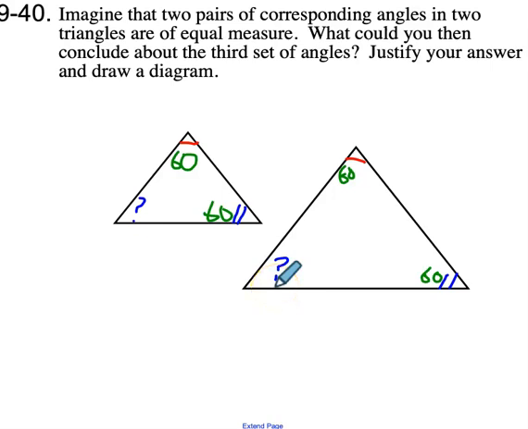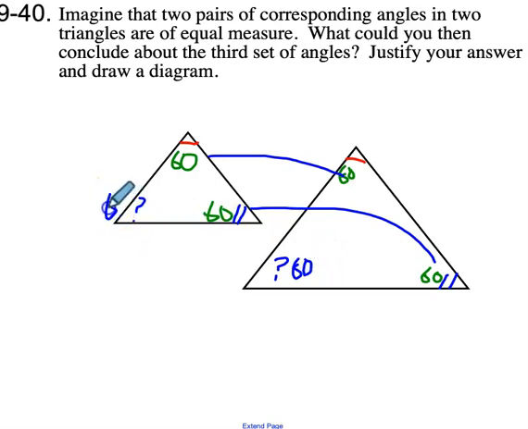And if you're thinking, I don't know, well, think about it. The total measure of all these angles is what? 180 degrees. And the total measure of all these angles is 180 degrees. So if these two are equal and these two are equal, they both equal 120. And if I take 180 minus 120, that means that these both must be equal because they're both going to be 60.